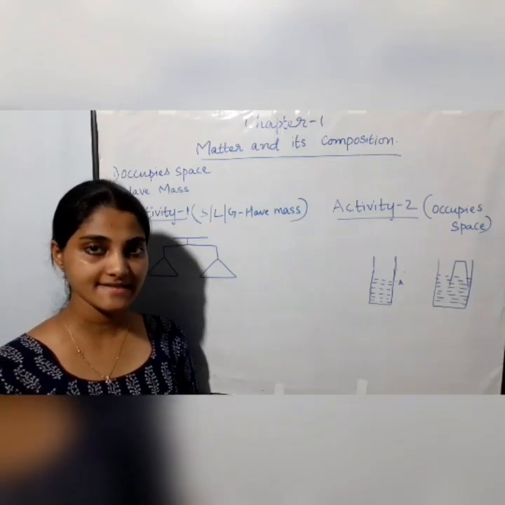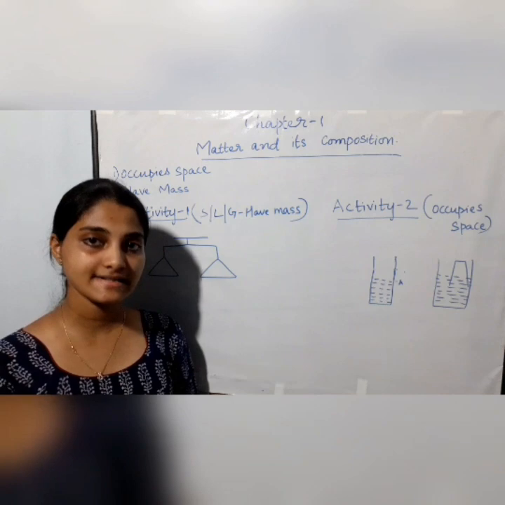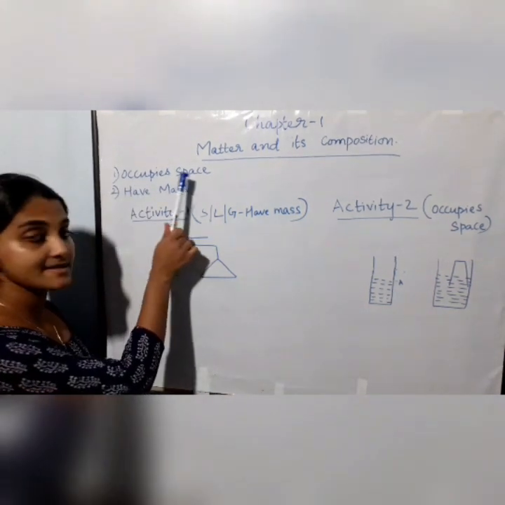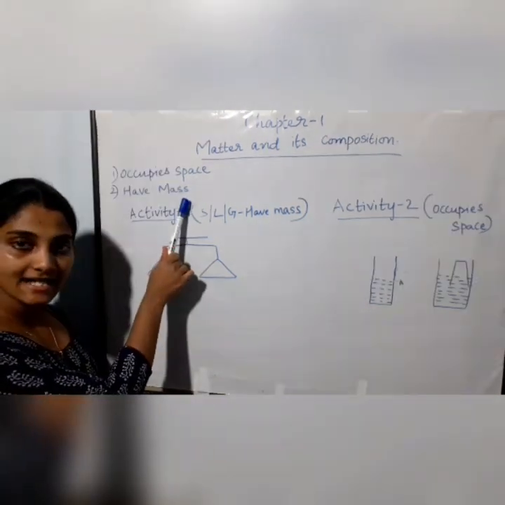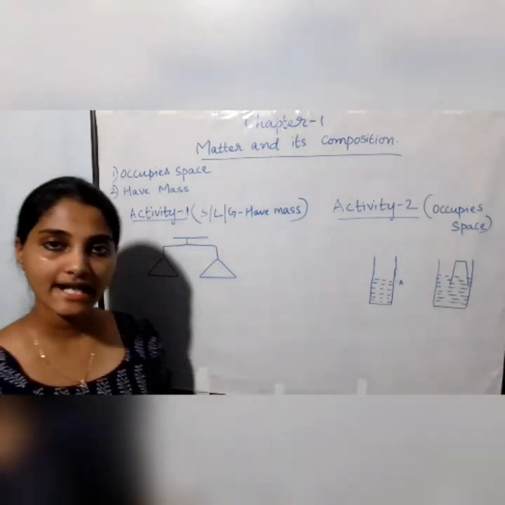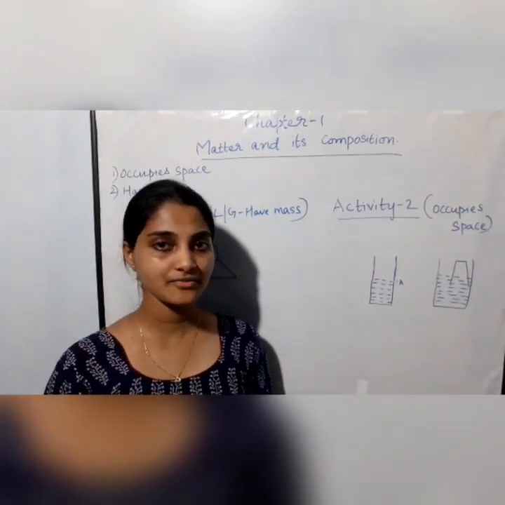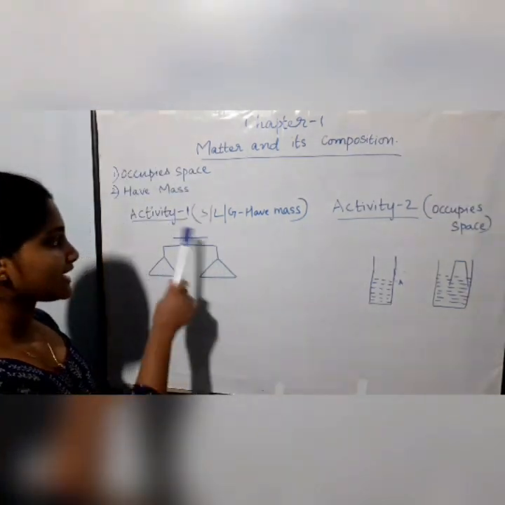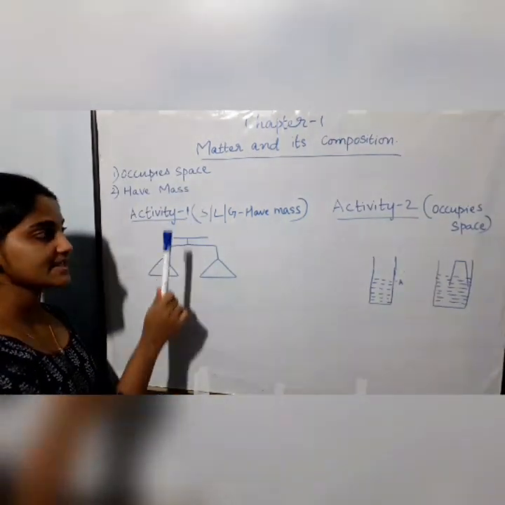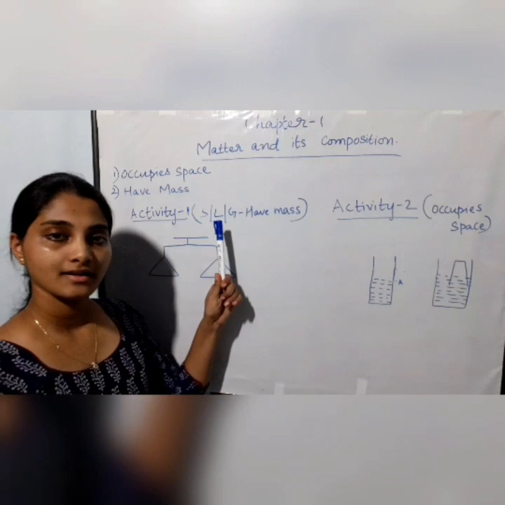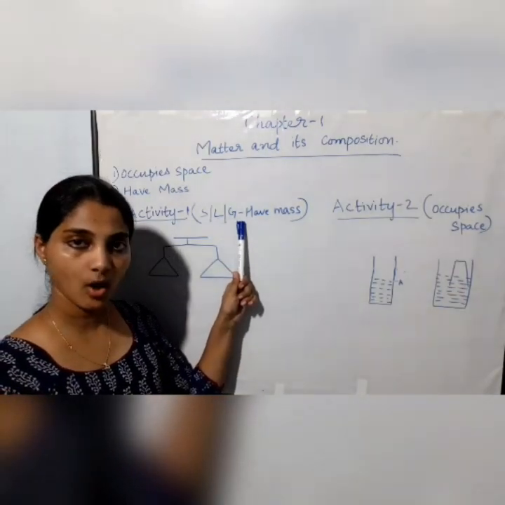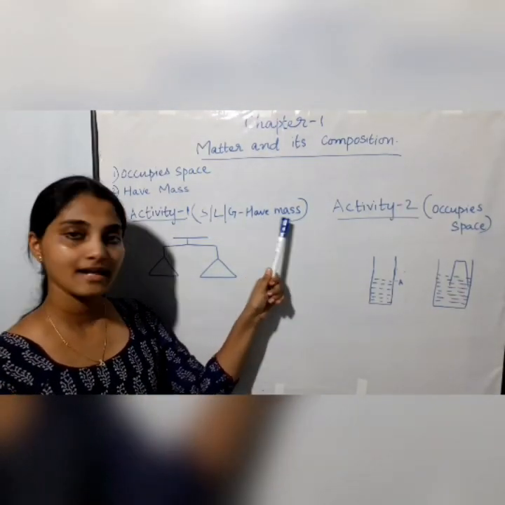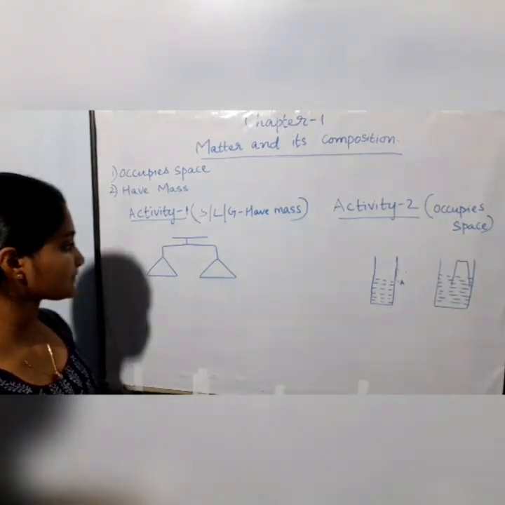We have already seen that matter is any object that occupies space and has mass. Now, let us prove this by using an activity that is given in your textbook. Let us go into the first activity to prove that matter, that is solids, liquids or gases, have mass.